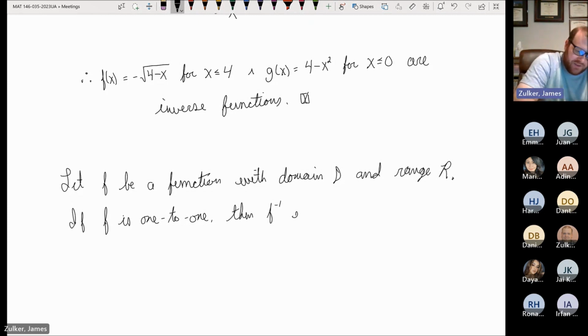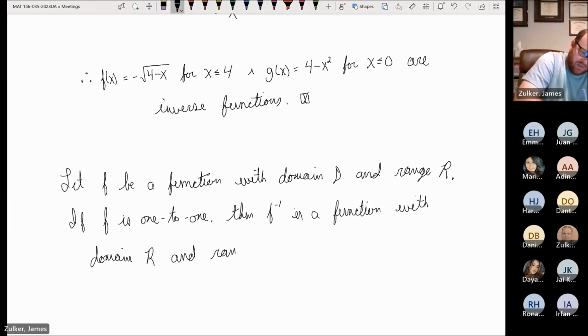So f inverse is a function. The domain of the inverse function is R, and its range is D. In other words, the domain and range of the function switch roles for its inverse function.